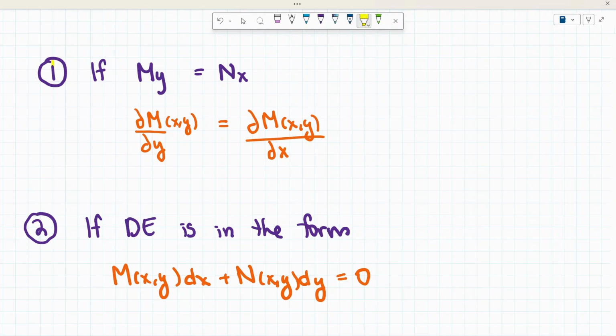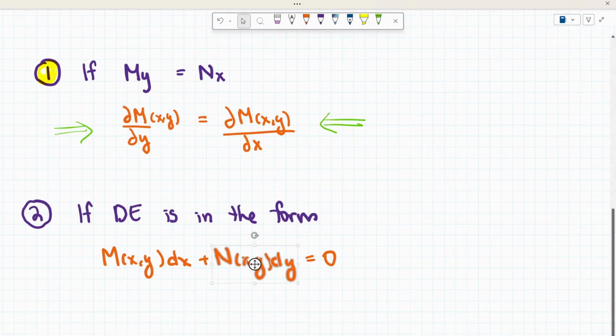So thing number one is that the partial derivative of M with respect to y has to equal the partial derivative of N with respect to x. So I have it written in the short form here, and then I also have the Leibniz notation right over here, so you can see the curvy-looking d represents a partial derivative sign, just so you know. So there you go.